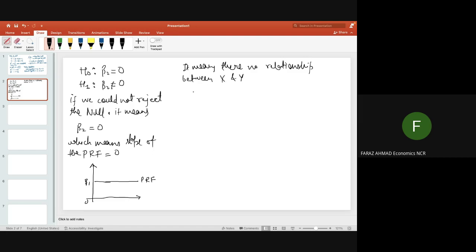You can see the PRF and understand this part.